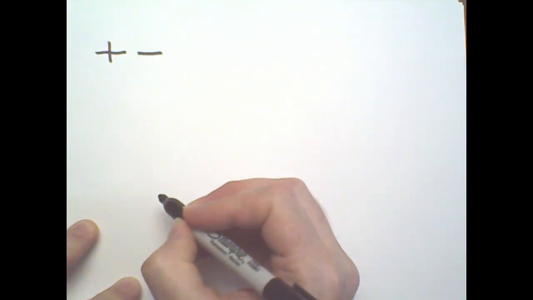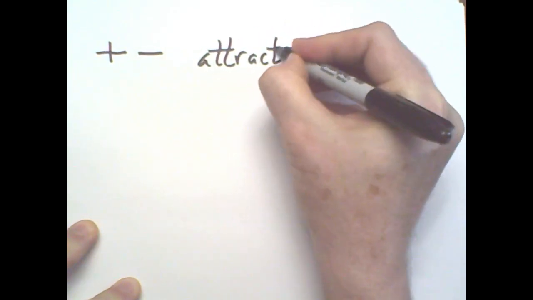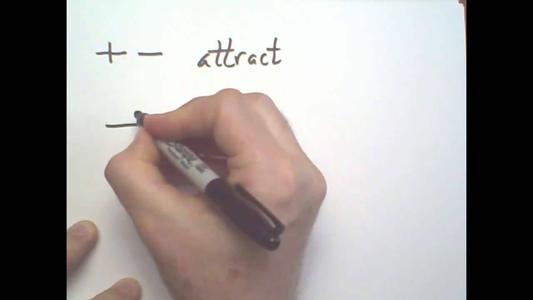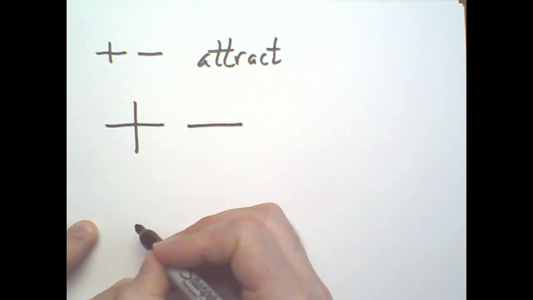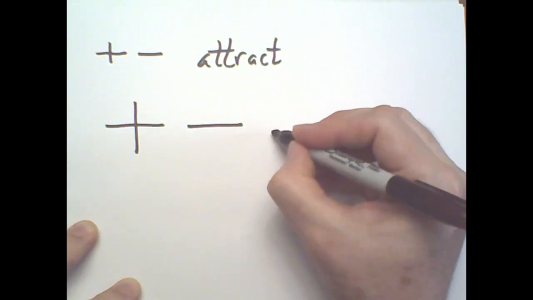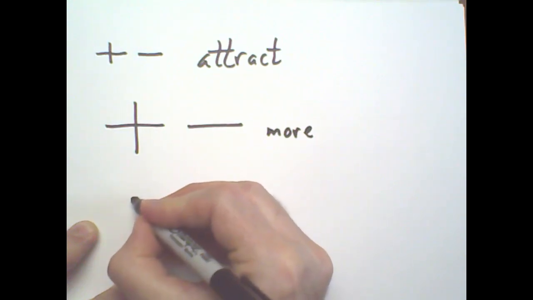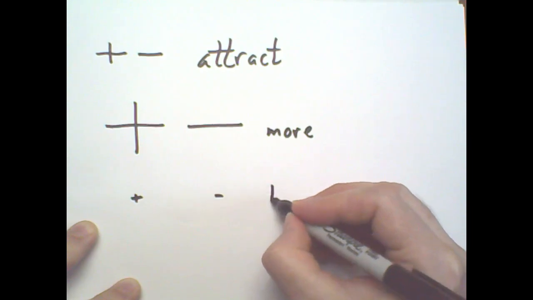Opposite charges attract. And if you have big opposite charges, they attract more than small opposite charges.